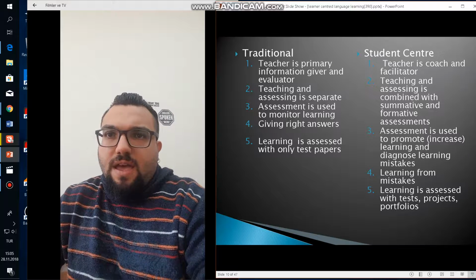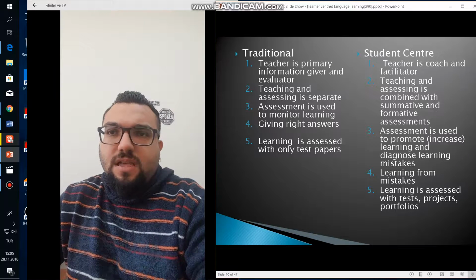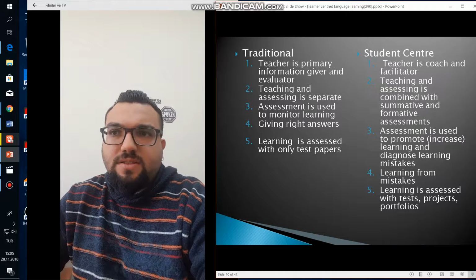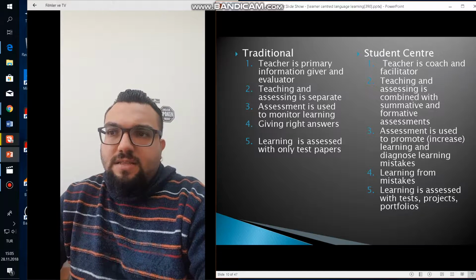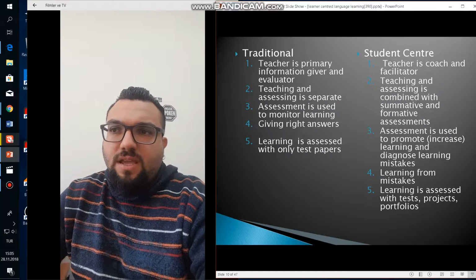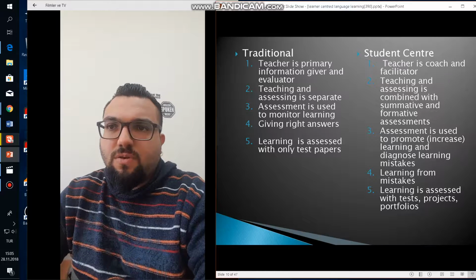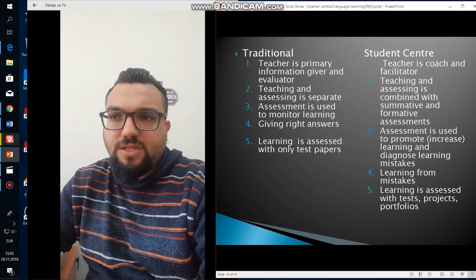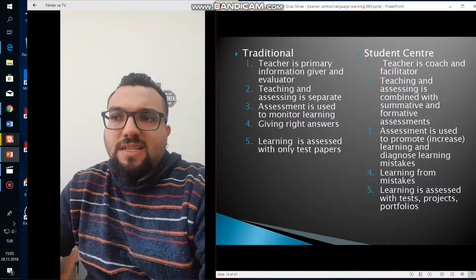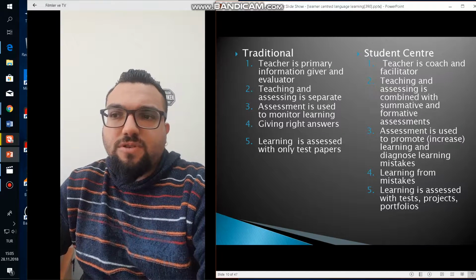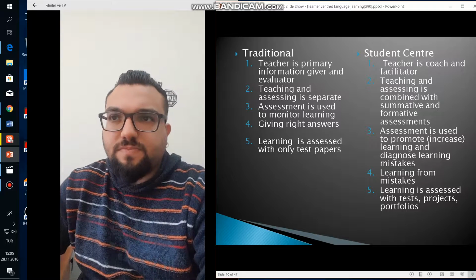On the other hand, traditional learning values giving right answers, and student-centered learning values learning from mistakes. And learning is assessed only with test papers for traditional, whereas it is assessed with tests, projects, and portfolios for student-centered.